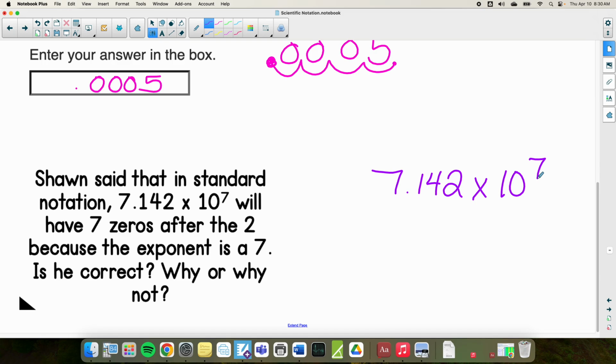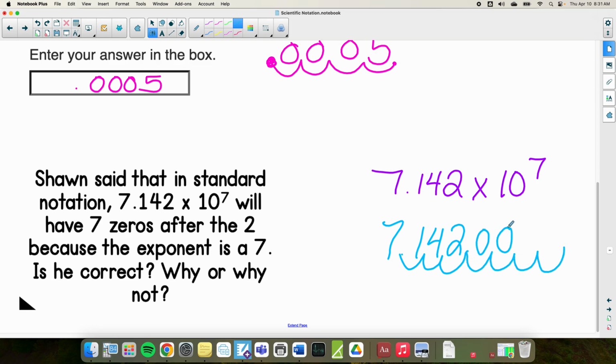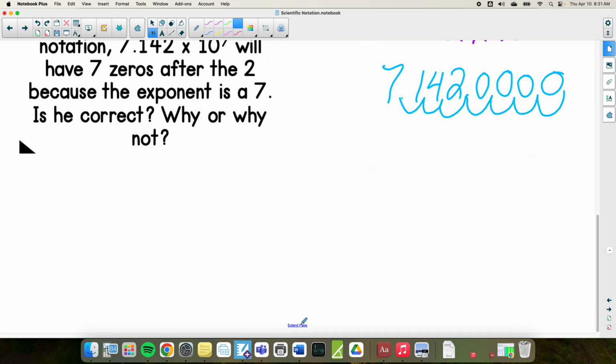No. Because if I had 7.142, wouldn't I have 1, 2, 3 spots taken up there already? And then I would need 4 more, correct? So isn't this what we would actually get? So let's just say, no, there would only be 4 zeros after the 2.